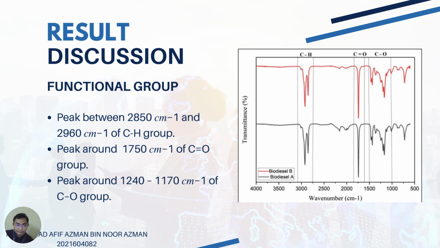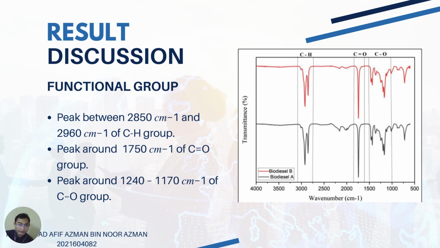It also showed the presence of the ester group, C double bond O, at around 1750, and also a curve of the CO group around 1240 to 1170 per centimeter.